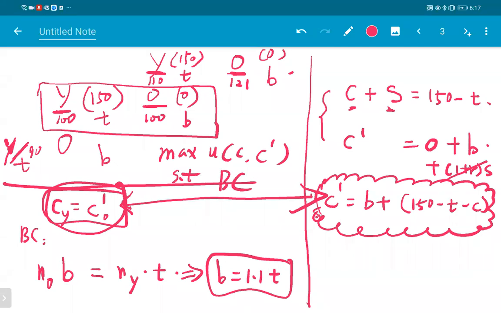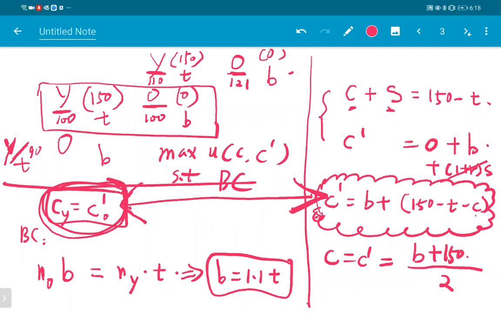But here I already give you the answer to this maximization problem, subject to this constraint. So you're going to use these two equations to solve for C. You have C equal to C prime, and then move C to the left-hand side and divide, so that's going to equal B plus 150 minus T.